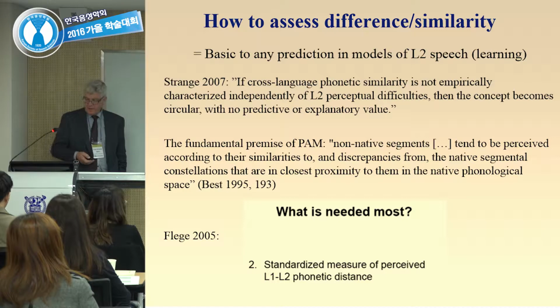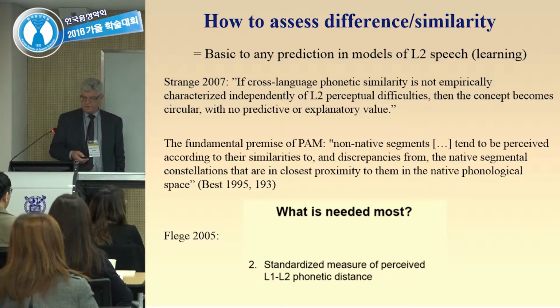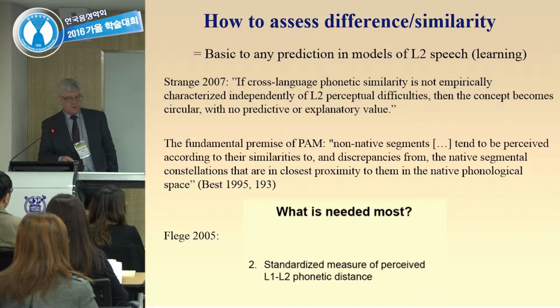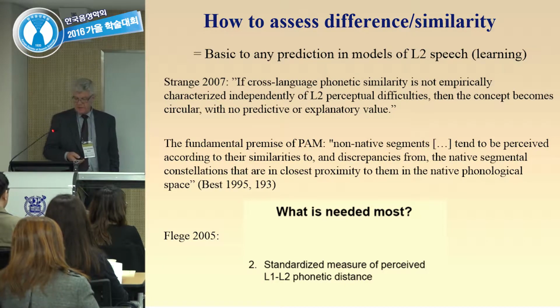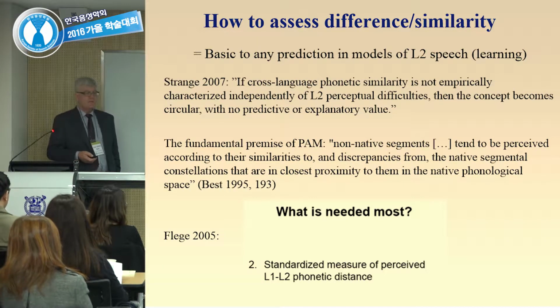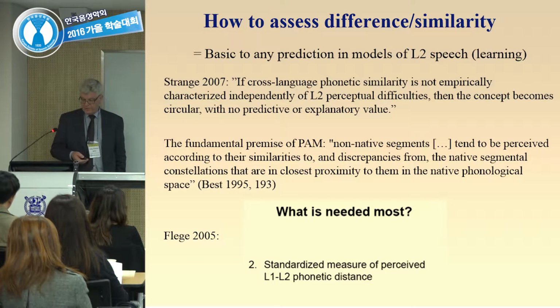And Best wrote that non-native segments tend to be perceived according to their similarities to and discrepancies from the native segmental constellations that are in closest proximity to them in the native phonological space. And Flege, in his farewell talk when he retired, gave a list of what is needed most in our research, and number 2 was a standardized measure of perceived first, second language phonetic distance.